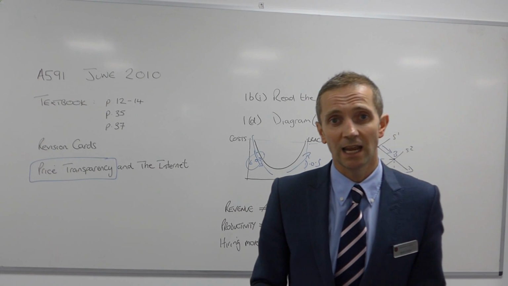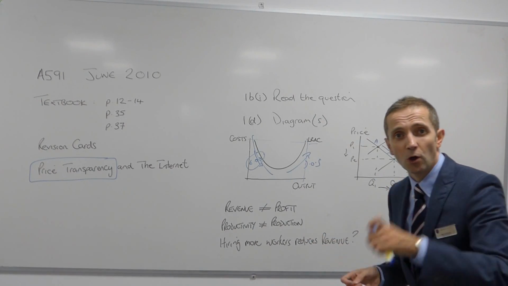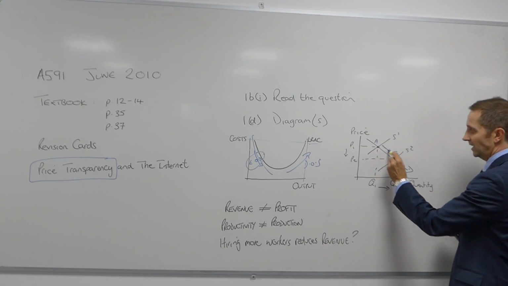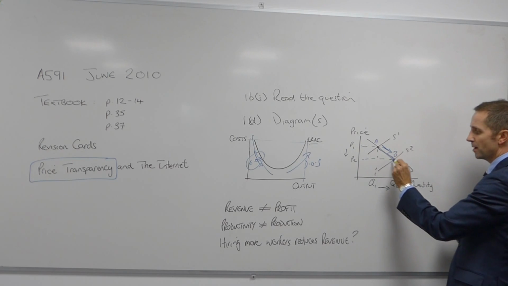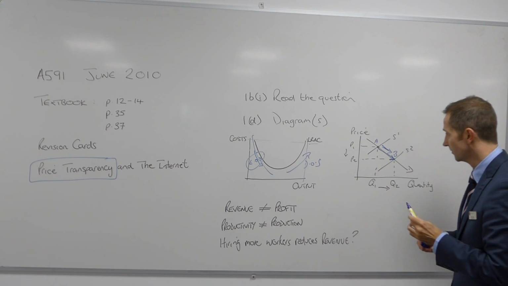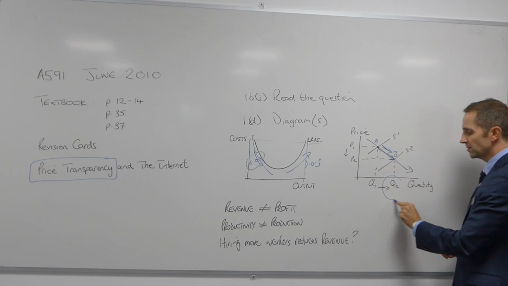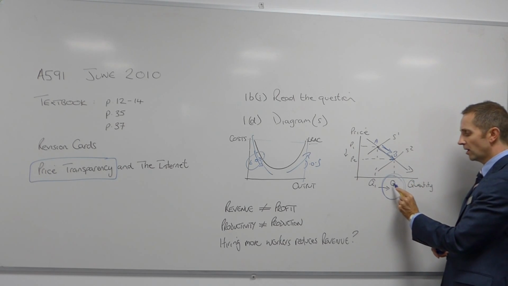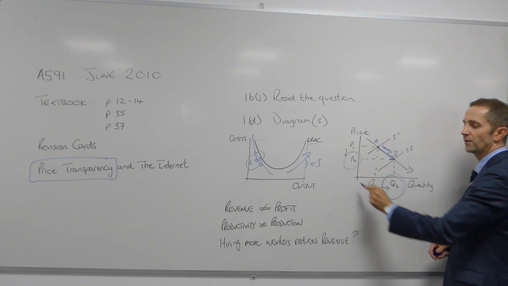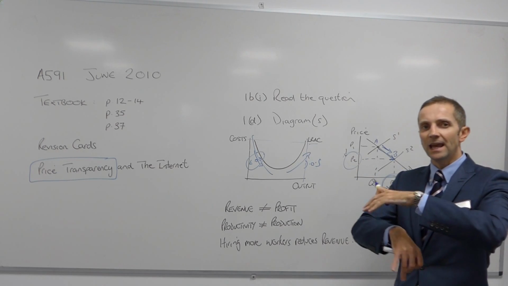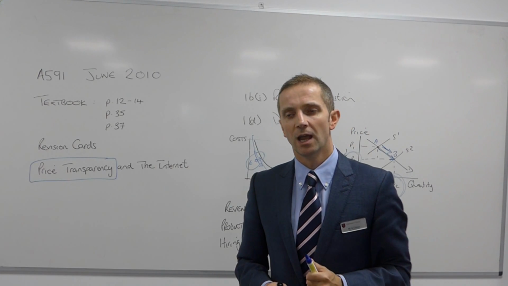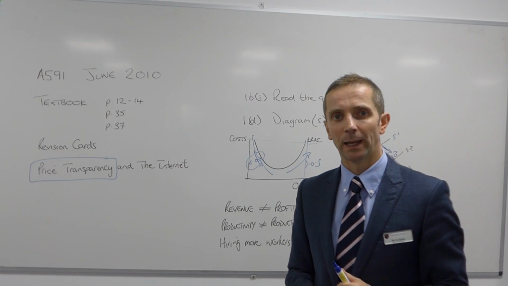Equilibrium moves from point A to point B. As a consequence, there is an expansion, ladies and gentlemen, remember, an expansion of demand as we move along the demand curve. Quantity demanded and quantity supplied rise to Q2, price falls to P2. We need a comprehensive and full explanation.